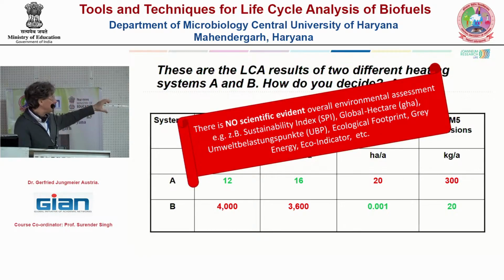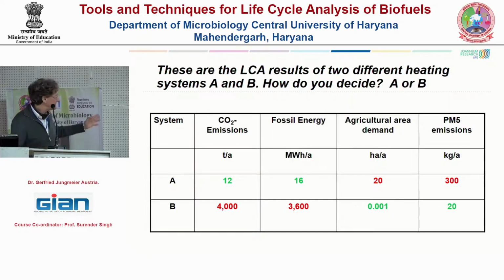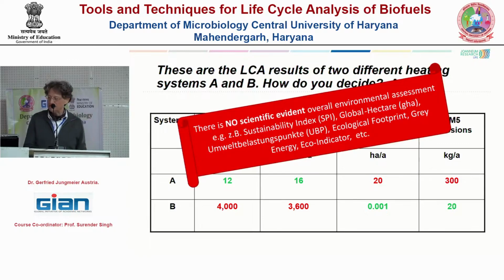My personal opinion is that there is no scientifically evident overall assessment category. So I'm very skeptical about these endpoint and one-point indicators where you think you can put everything in one number. I don't believe that. There are many attempts doing so. Even life cycle experts are doing so, which is somehow okay, but I think they simplify it, trying to summarize things which are very difficult to summarize. We saw some of these units yesterday.